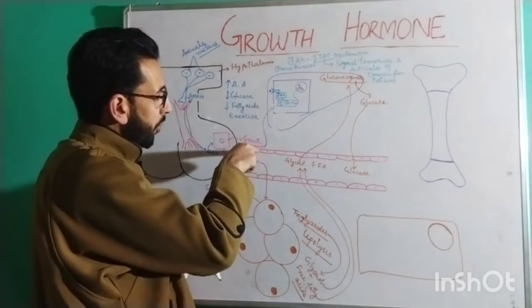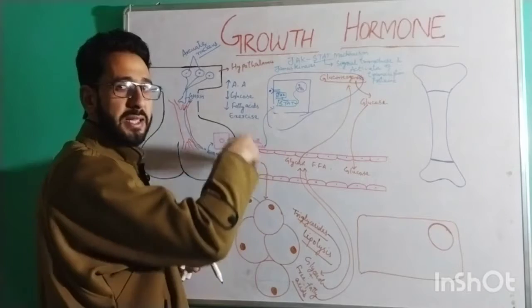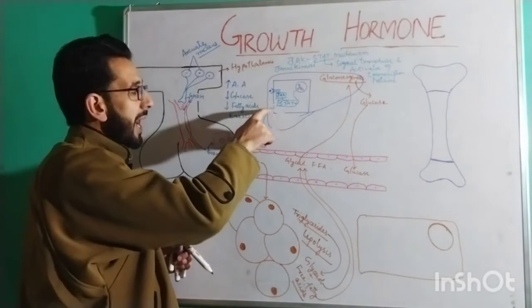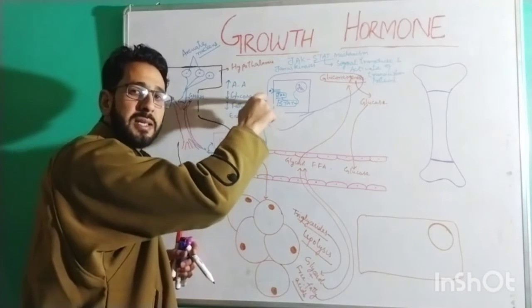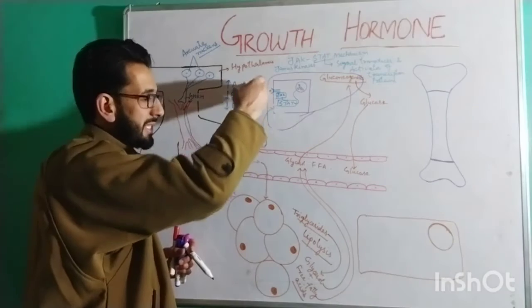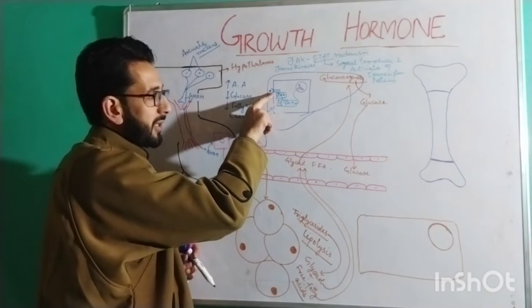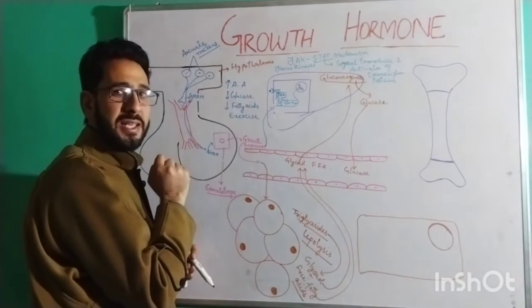This growth hormone from the bloodstream first goes to adipocytes, and it has its main role actually on the liver. Liver contains these hepatocytes. Hepatocytes have this receptor for this growth hormone, and once this growth hormone binds on the receptor, it activates the Janus kinase inside.